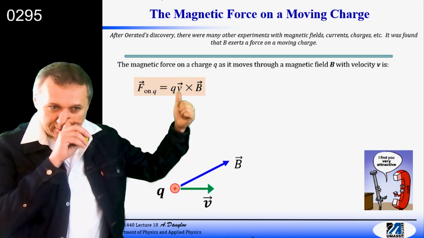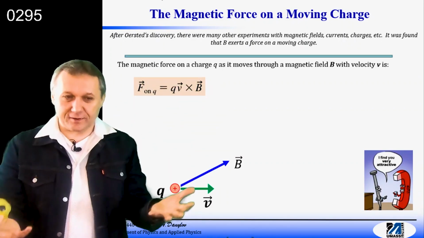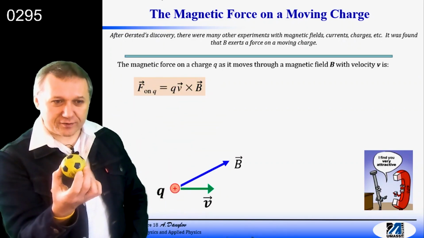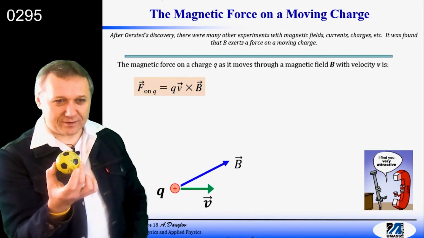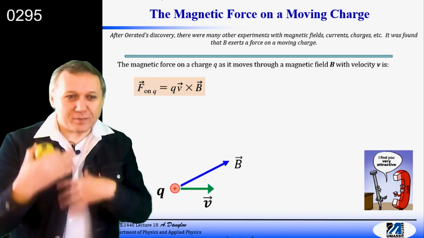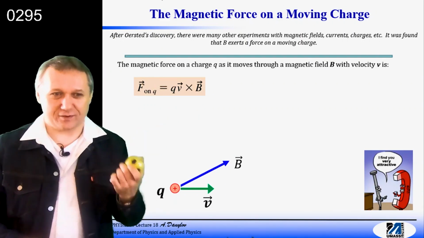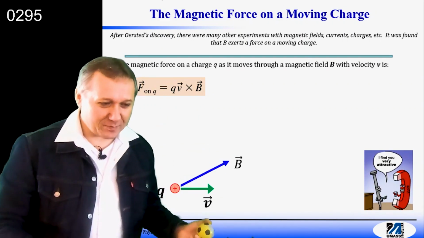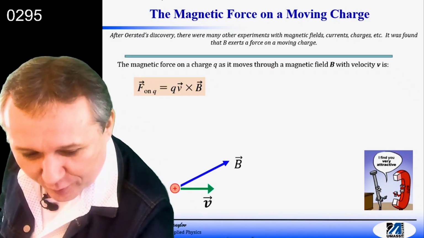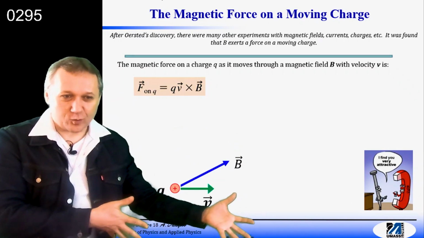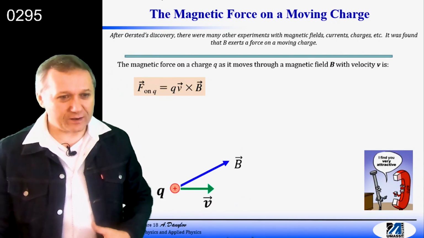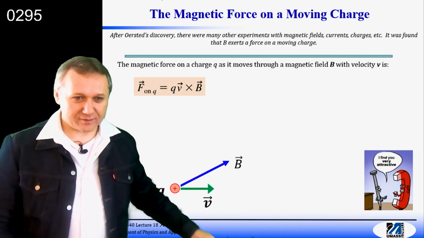If you have a magnetic field and a stationary charge, this charge is not going to experience any magnetic force. So there must be some dynamics, there must be motion. The charge must be in motion in order to either produce the magnetic field or experience a force from the magnetic field.